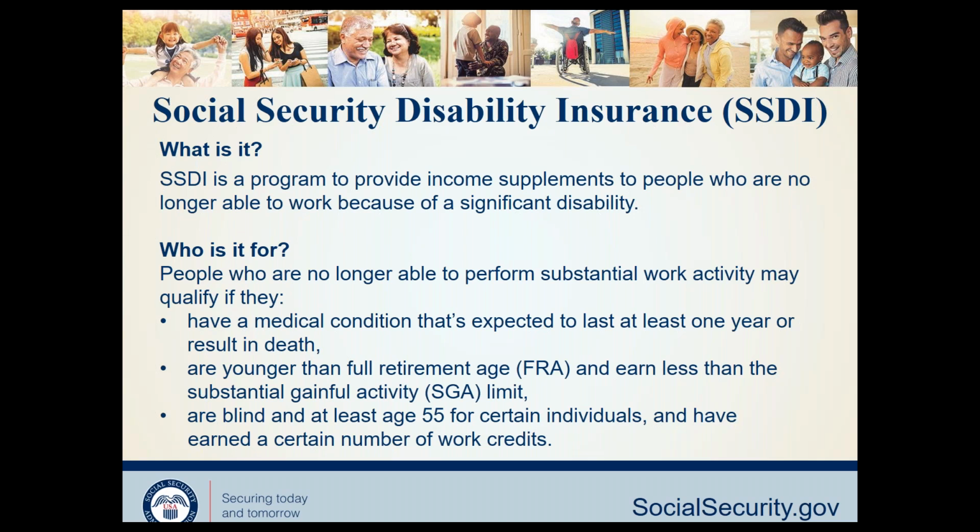What we can look at, though, is if a person has a special work condition. But we can reduce those gross wages to put that person below substantial gainful activity and proceed with filing a claim.